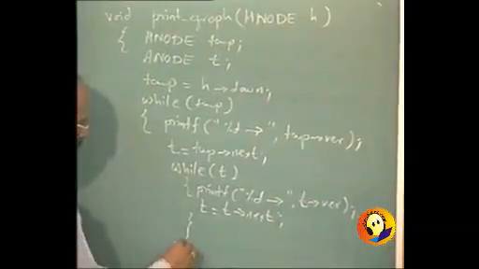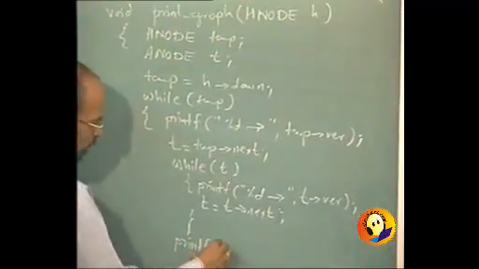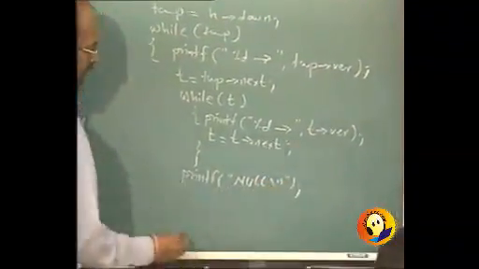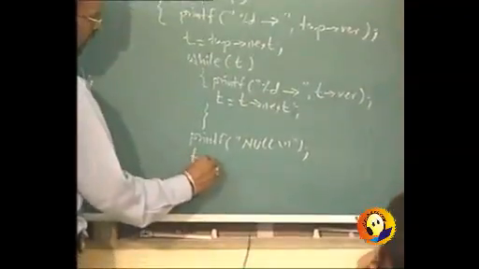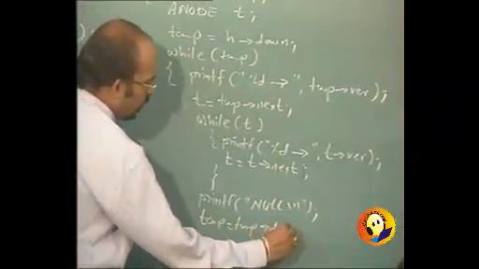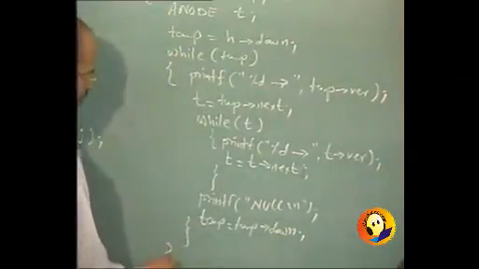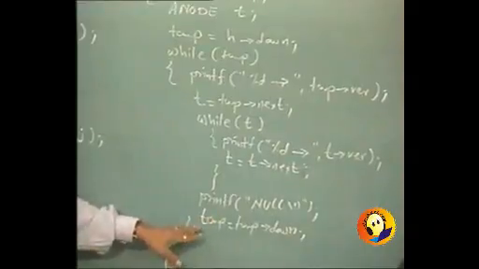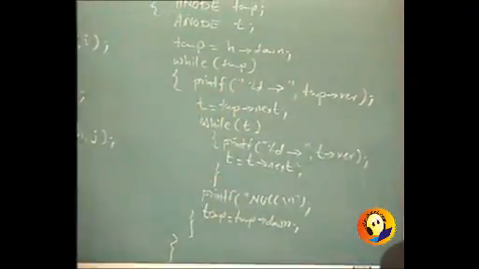Then you will have to print null at the end and go to the next line, and then temp equal to temp arrow down. So after printing one horizontal list, you will go to the down and again print the next list.